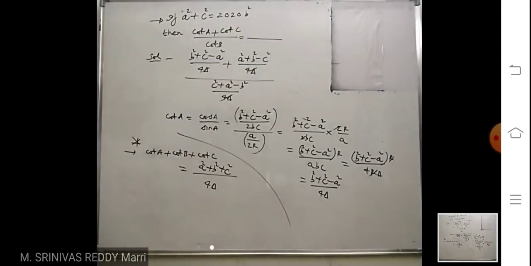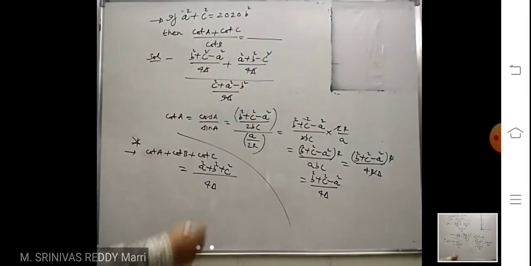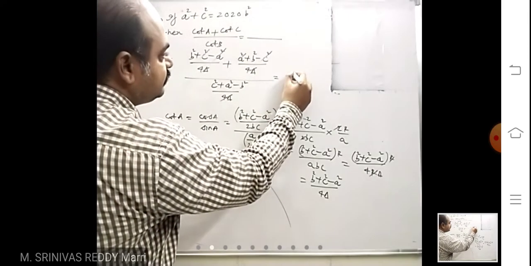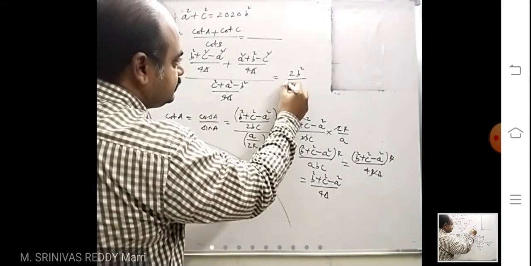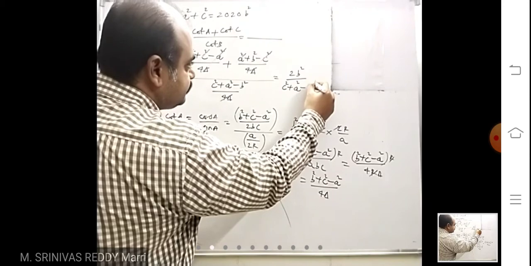So if you look at here, C square is getting cancelled, A square is getting cancelled. That means you will get 2B square divided by C square plus A square minus B square.